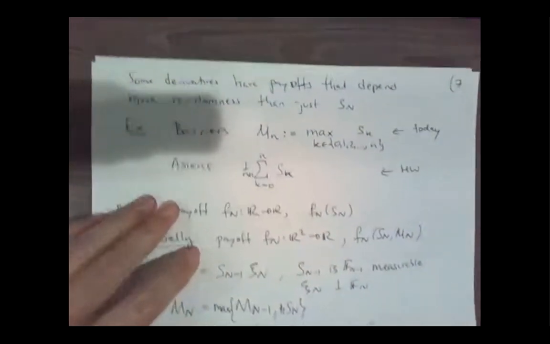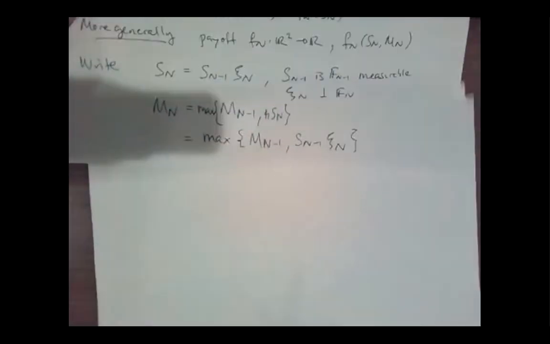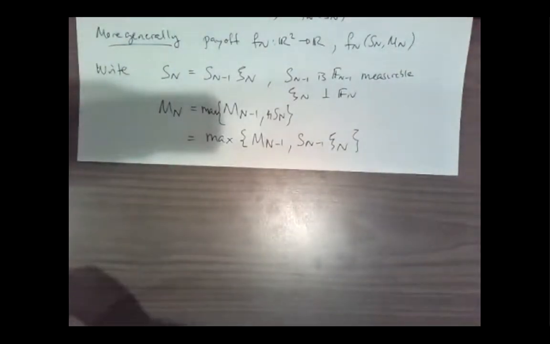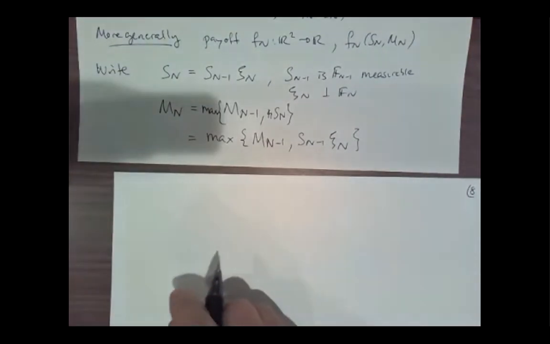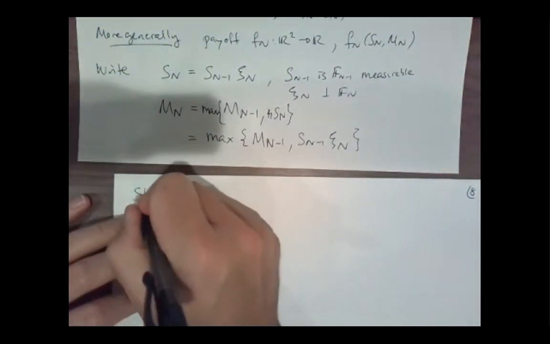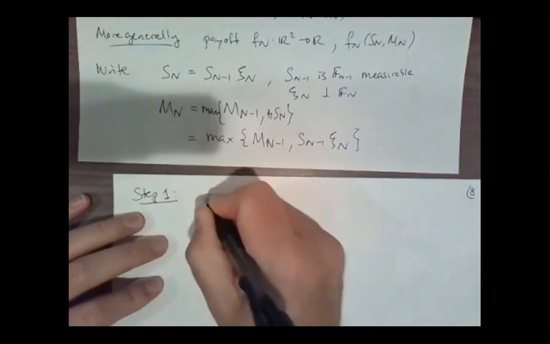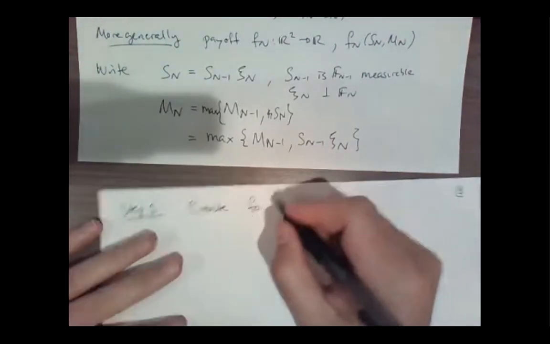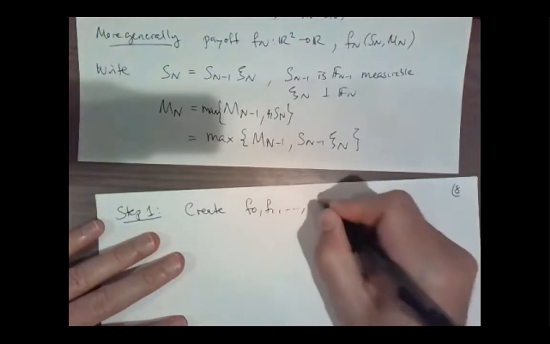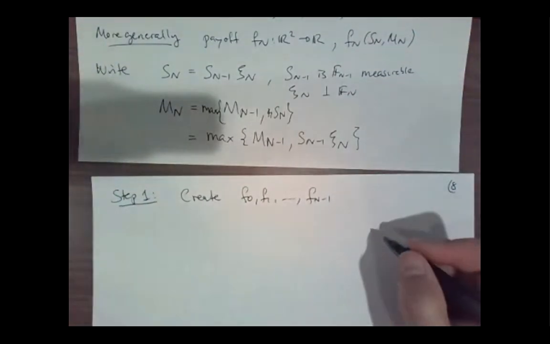This should be all that is needed to do what we did before. So two-step procedure. Step 1: create these functions f0, but now of two variables, f1 up to fn minus 1.